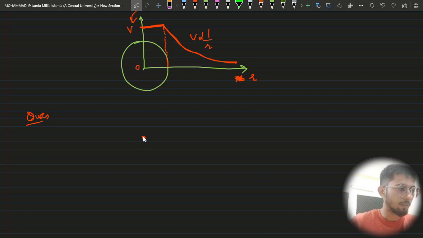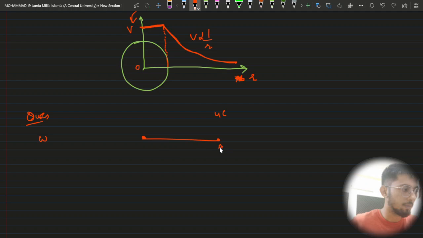There is some point, there is another point. 100 joules of work is done in moving a 4 coulomb charge.